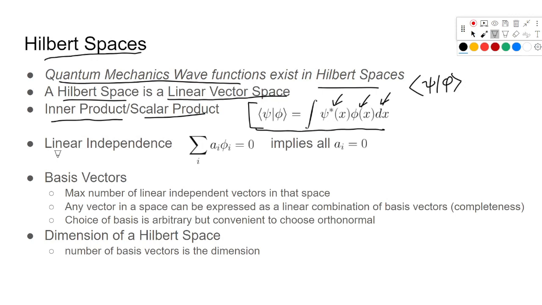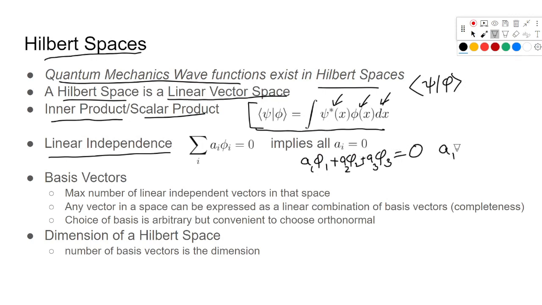Another important concept that we come across is that of linear independence. So if you have a Hilbert space with vectors, let's say you have 3 vectors in the Hilbert space, and you multiply them by some scalars and the result is 0.